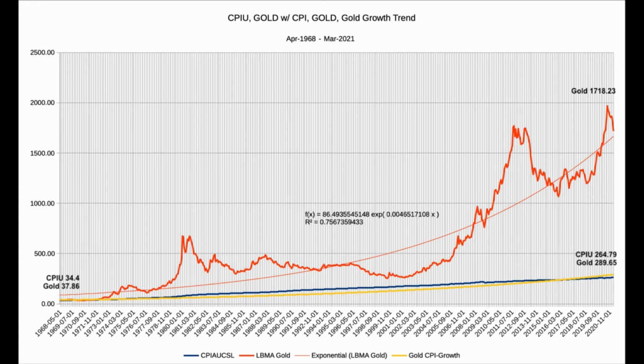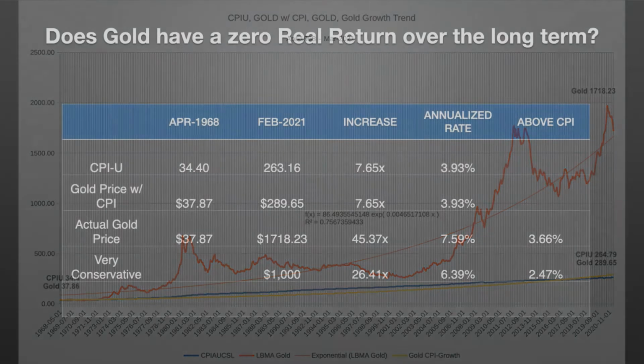In fact, I added a trend line there. The thin red line is the trend line, it's exponential growth. And it turns out that the actual gold price in March ended up at 1718.23. So that's actually an increase of 45 times. I just made this chart here.